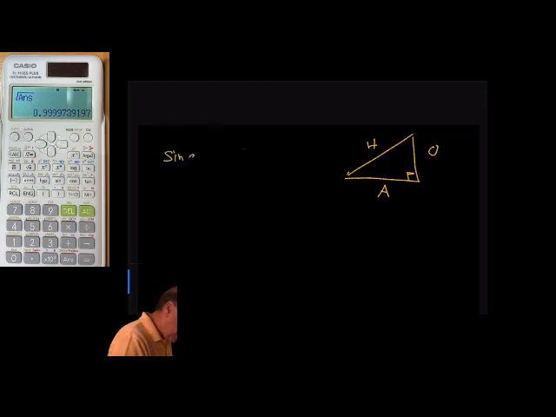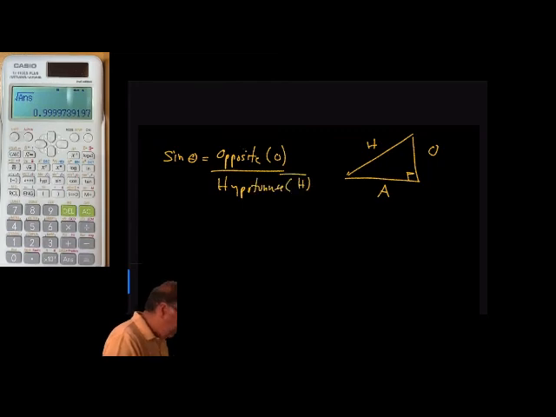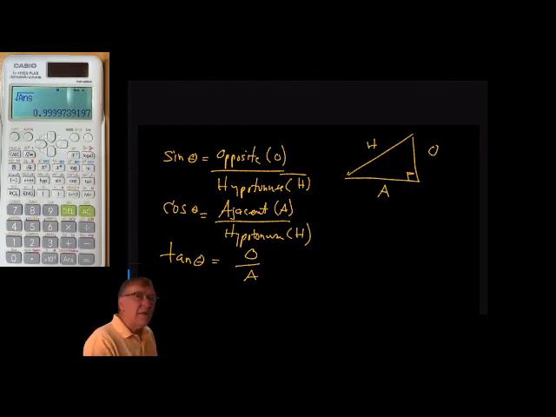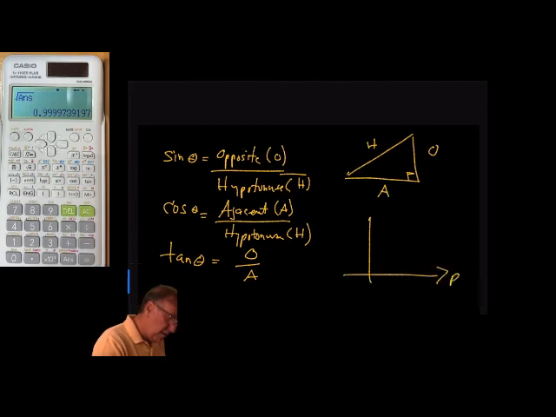So the sine of theta equals the opposite, which we're calling O, over the hypotenuse, which is the H. And the cosine of theta equals the adjacent, which we call A, over the hypotenuse, H. And then the tangent of theta is equal to the opposite over the adjacent. So this is a way of describing a right triangle. Of course, this can be extended to the real and the imaginary axis, as we were looking at before. This is the real, this is the imaginary.